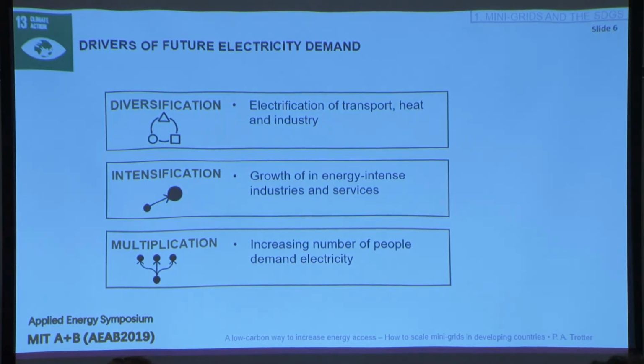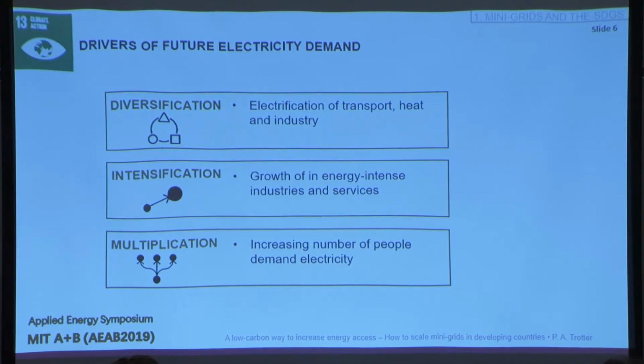So this icon right there, where 1 dot becomes 3, is, in Uganda, as one of the countries I work on, the fertility rate is 5.7. So every woman on average gives birth to 5.7 children. So 1 person becomes 3 kind of makes sense there, right? If you have a marriage with an average of 6 children, that's what it looks like. So you have an increasing number of people that demand electricity.